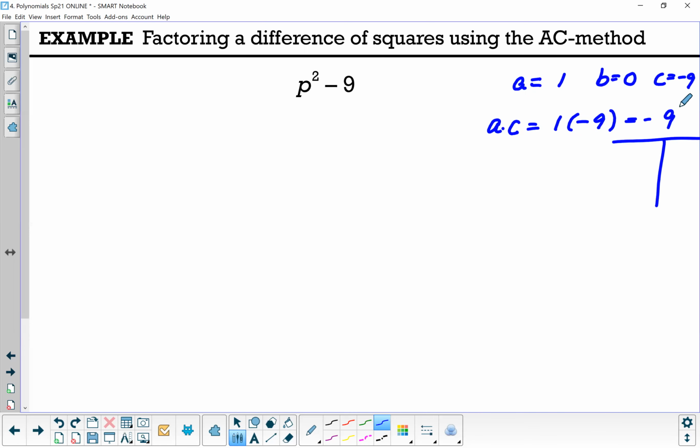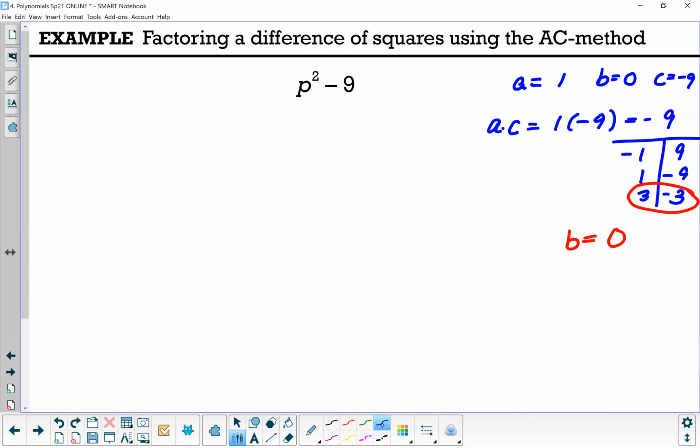Now, what multiplies to -9? -1 and 9, 1 and -9, and 3 and -3. I don't need to write -3 and 3 because it doesn't add anything different. So now which one of these factors adds to 0? That's going to be 3 and -3.